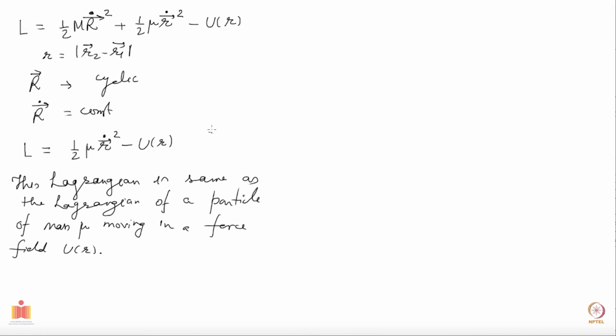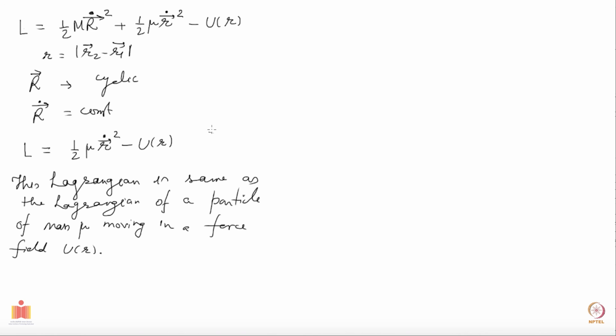You started with a system which had two particles, but with a good choice of coordinates, the system appears to be equivalent to another system, which is a very simple system where you have a particle of mass mu which is moving in a central force field given by U of r.